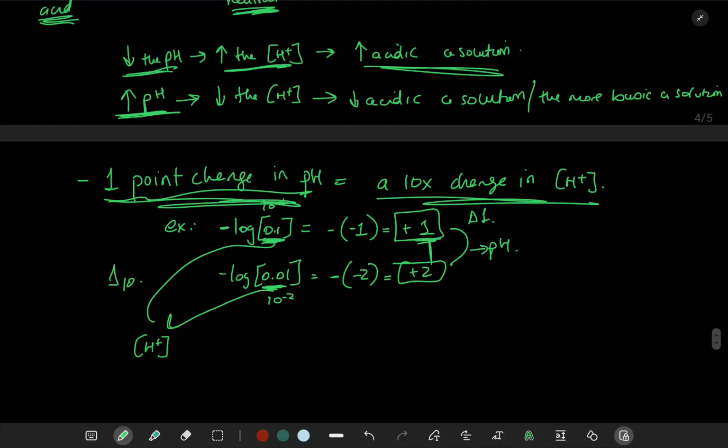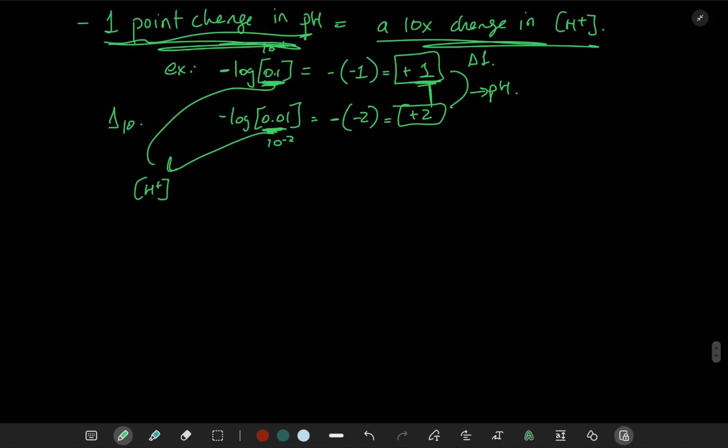So now let's talk about changes in pH. We talked about the lower the pH and so on, or the greater the pH. Now let's talk about changes in pH and what that means. If we have a decrease in pH, which means we're going from a pH of 2 to a pH of 1, that means you're going from a solution that is less concentrated to more concentrated in hydrogen ions, right?